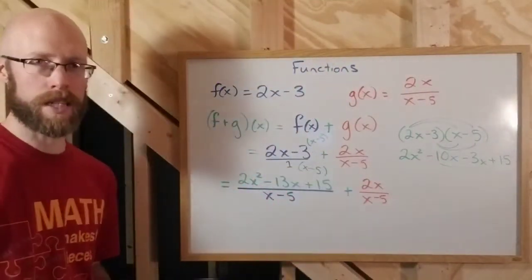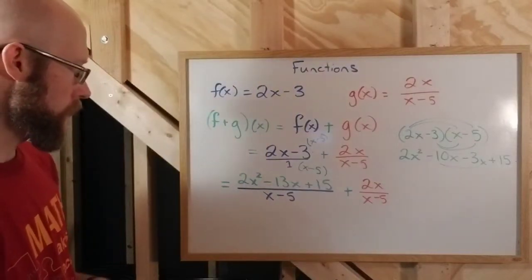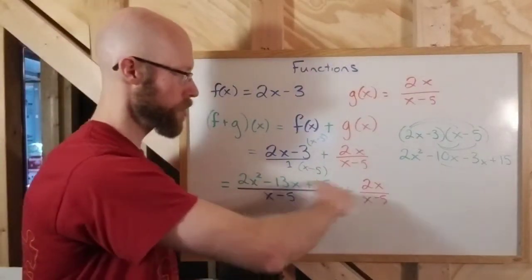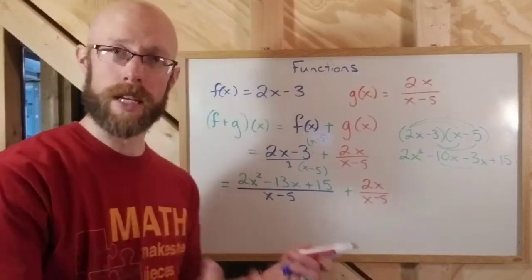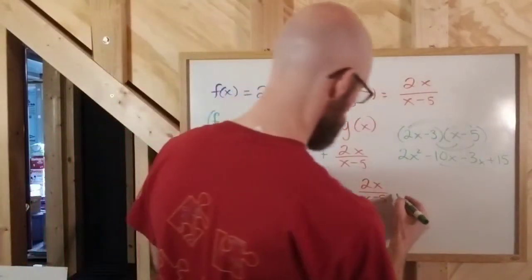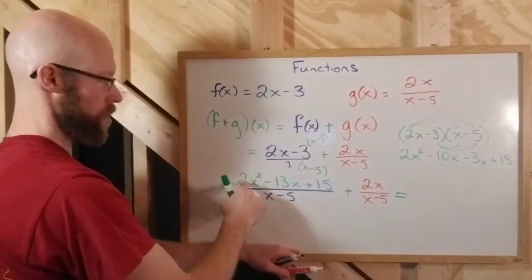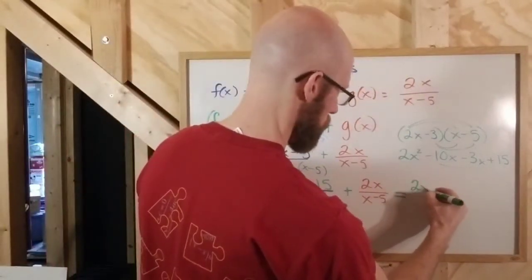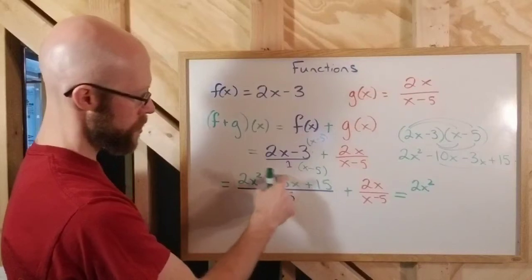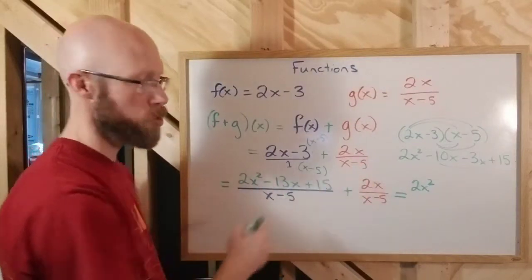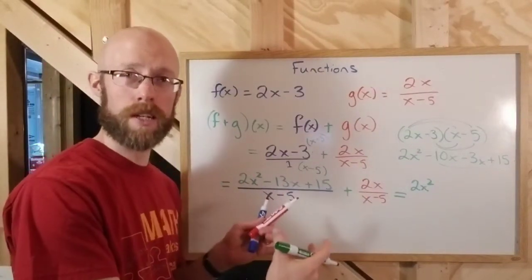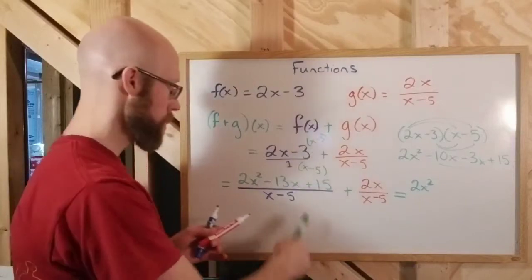Now they have a common denominator, and once you have a common denominator, you just add the numerators together and keep the common denominator. So here we'd get 2x squared, minus 13x plus 2x. Those are like terms, so I can add them.